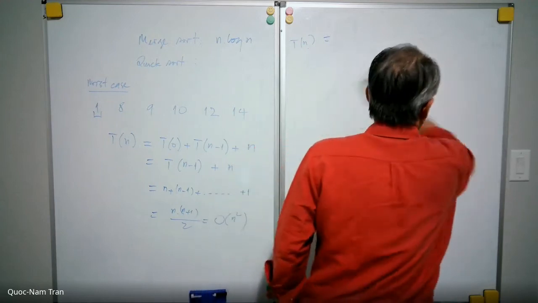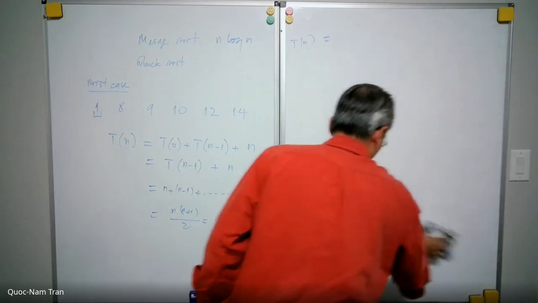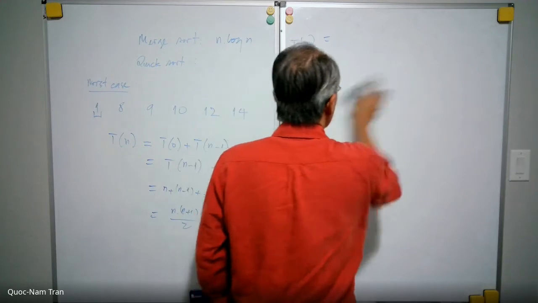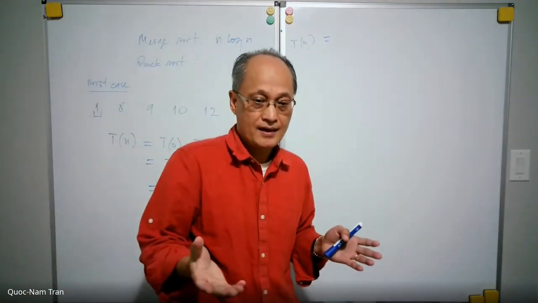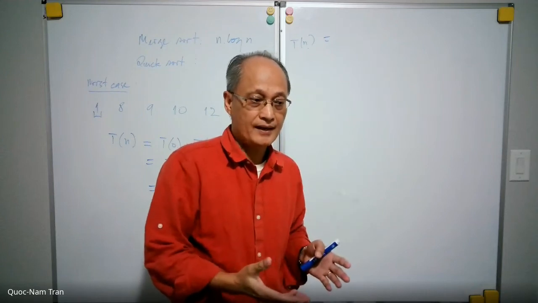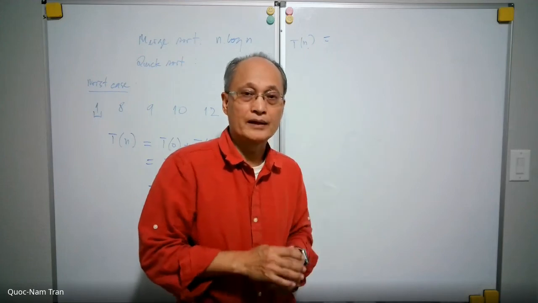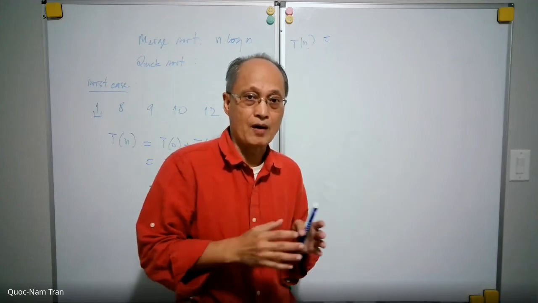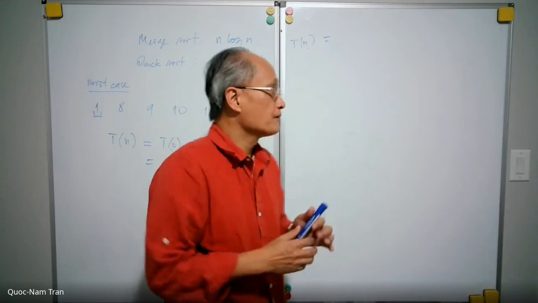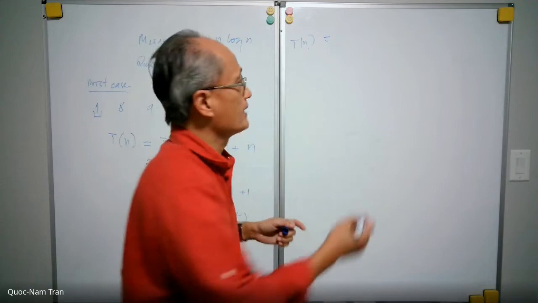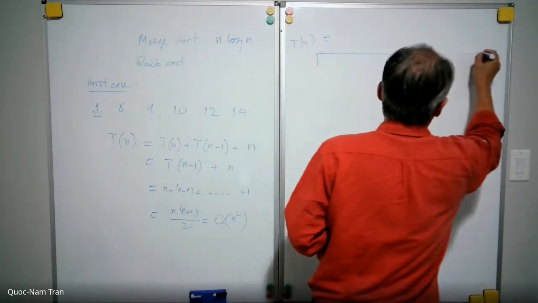Very simple question, okay? Remember that the average case means that we have to identify all possibilities of the input and then take the average number of the total number of steps or operations we have to perform.